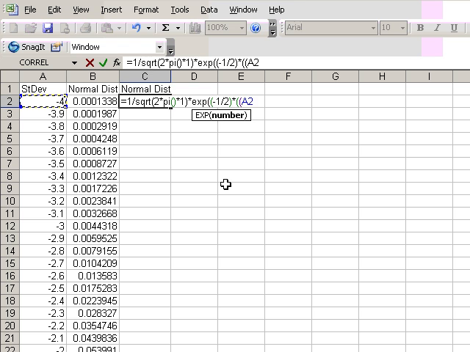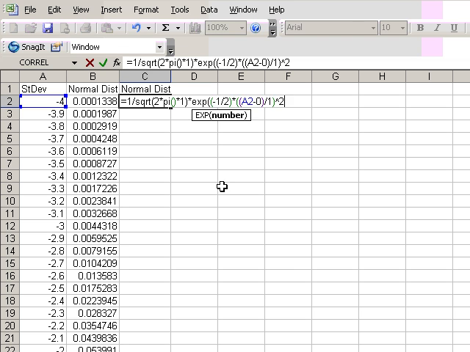paren, the value at which we're evaluating the formula, minus the mean, which is in this case 0, divided by, again, the sigma, which is 1, raised to the second power.